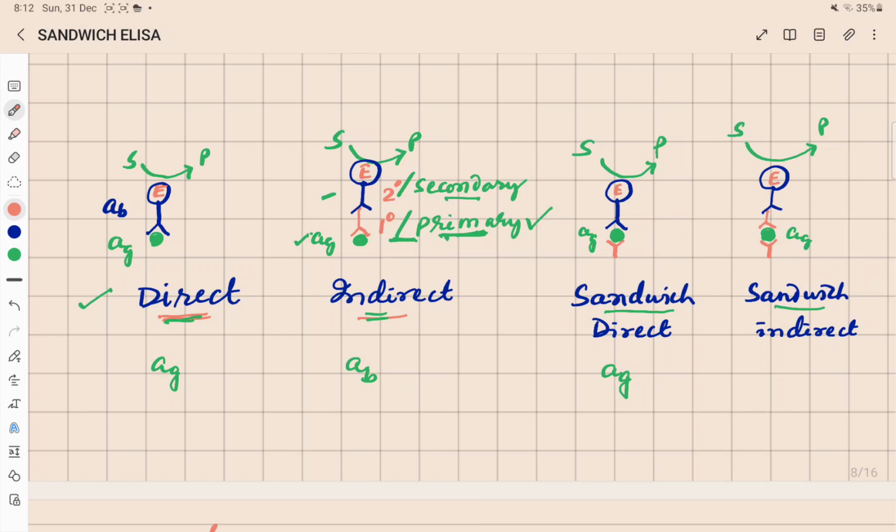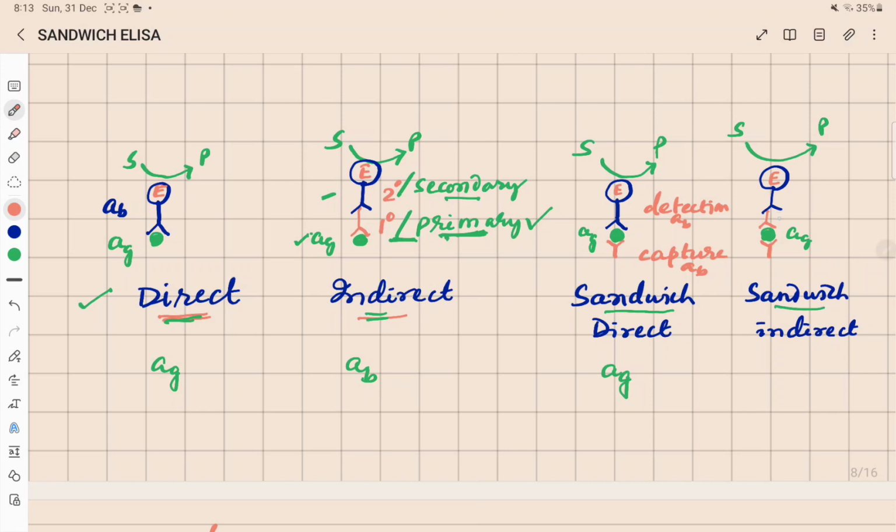sandwiched between two antibodies. One antibody is the capture antibody, which is bound to the microtiter plate. Then we have the detection antibody, and if this detection antibody is conjugated with the enzyme, then we can directly add the substrate and it will be converted to a colored product and we can analyze.